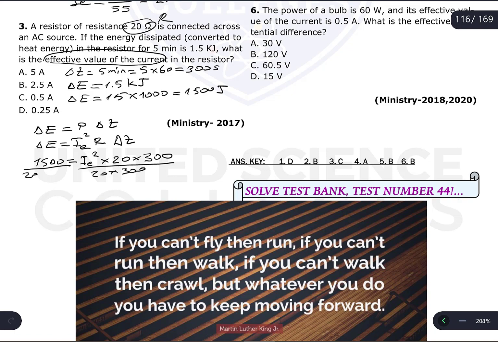I effective squared is going to be, let's use the calculator, 1500 divided by 20 times 300, which is equal to 0.25. So when we take the root of both sides, effective electric current is going to be 0.5 amperes. So C is the correct answer.